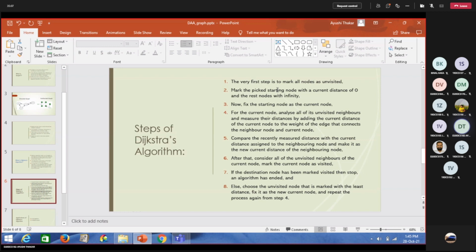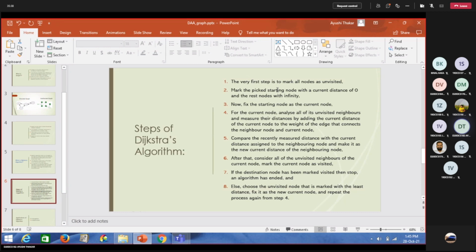And at the last, choose the unvisited node with the least distance and fix it as the new current node. From the process of marking the unvisited nodes, we have to repeat until we have visited all the neighbor nodes.